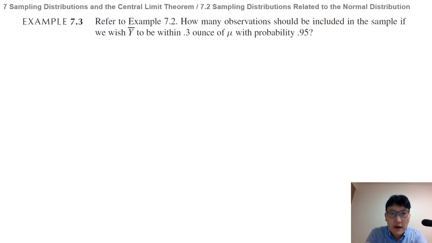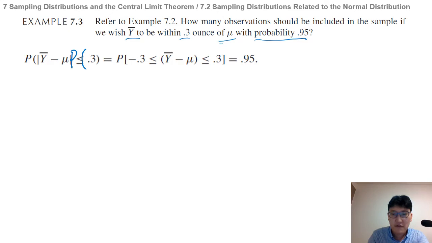So we want the probability that y bar is within 0.3 ounce of mu to be 0.95. I already prepared it.